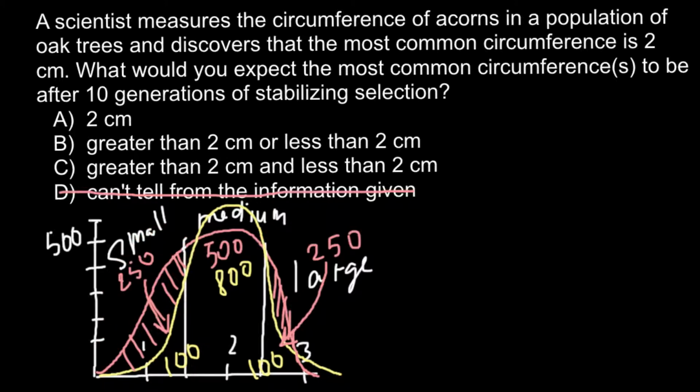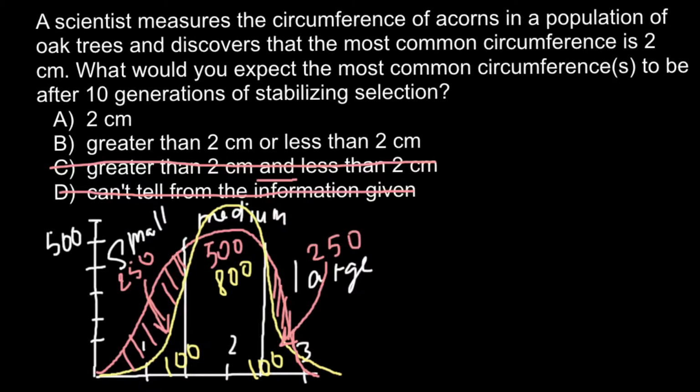The number of very small phenotypes would increase, the number of the medium would decrease, and the number of very large phenotypes would also increase, because here we have greater than 2 centimeters and less than 2 centimeters. So we would have two waves here, and this is not the correct answer.